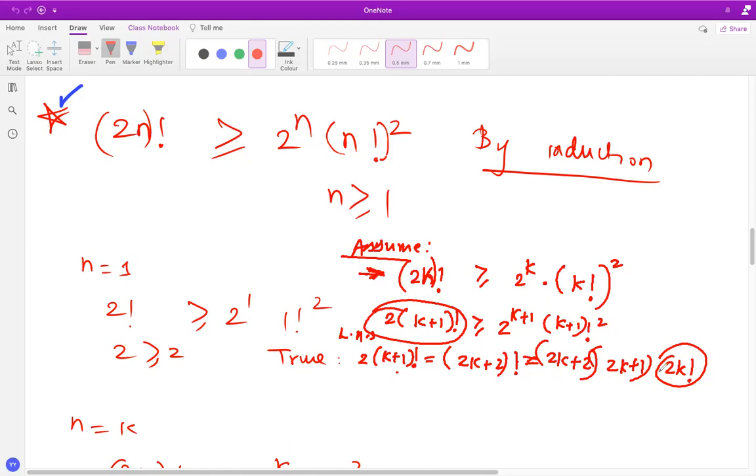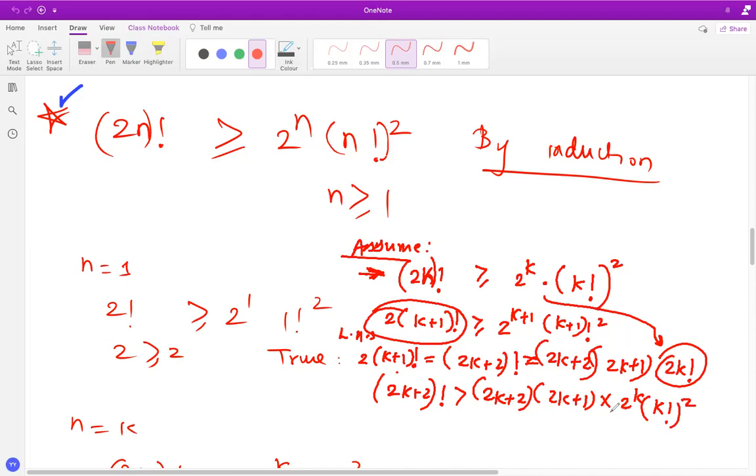Now I'm going to replace (2k)! with a smaller number, so this left hand side, (2k+2)!, now becomes bigger. So (2k+2)(2k+1) I keep as it is, times (2^k × k!)². That's where your basic equation has now been introduced to n equals k plus 1.